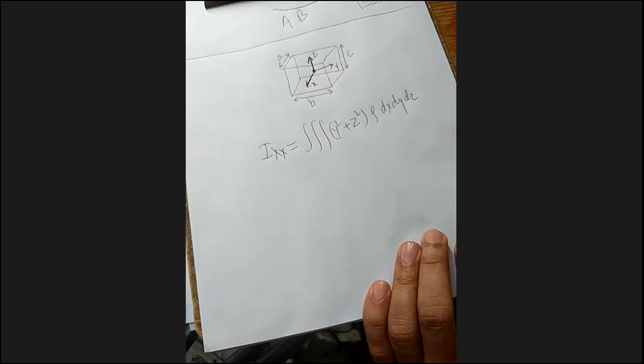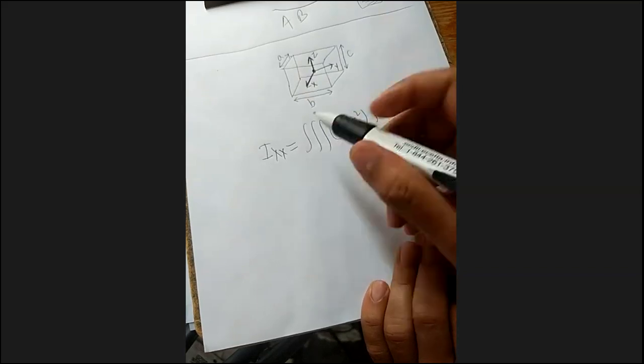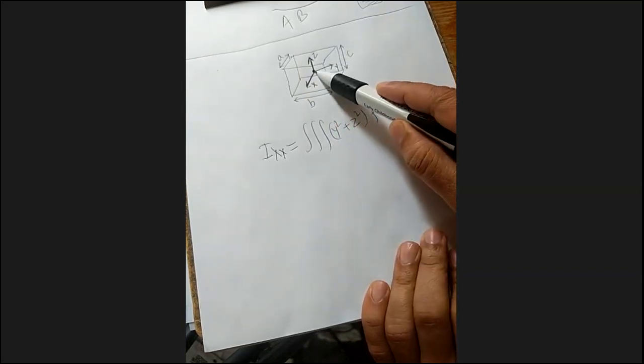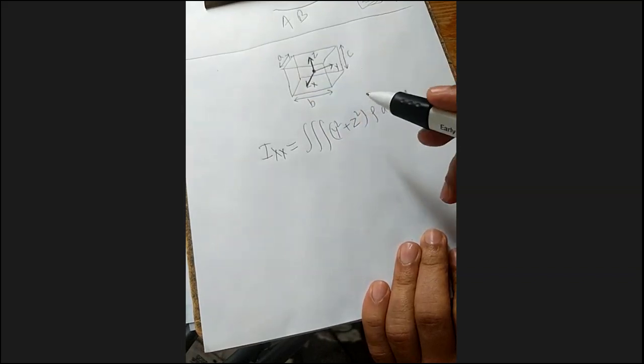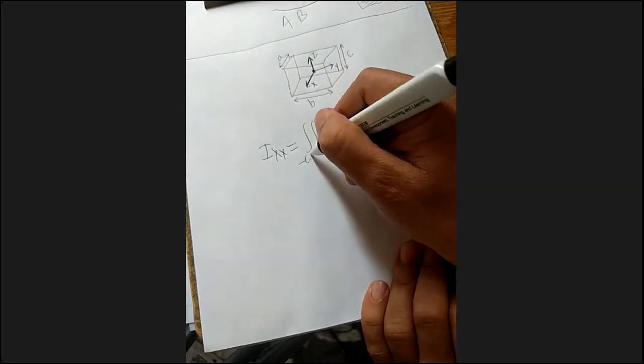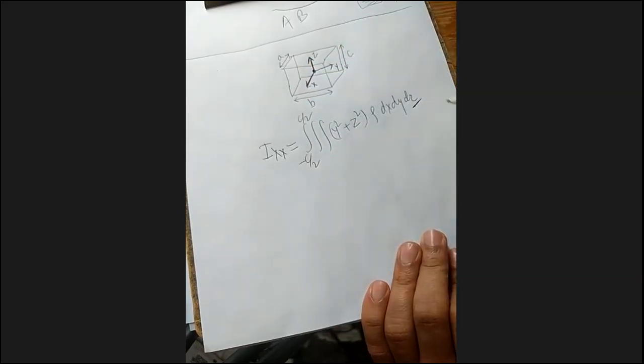So let me begin with the Z component. So this is Z. My system is right in the middle, right? So Z should go from negative C/2 to positive C/2 because the total is C. Does it make sense? That's for the Z. Z is done.